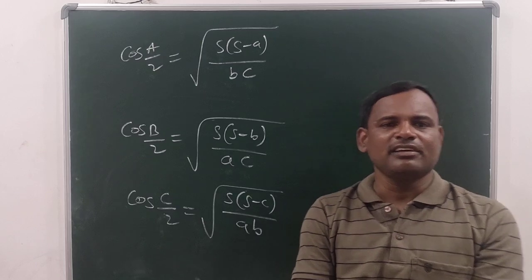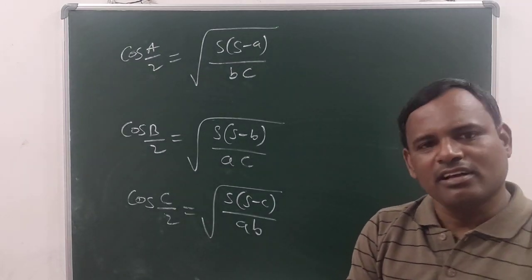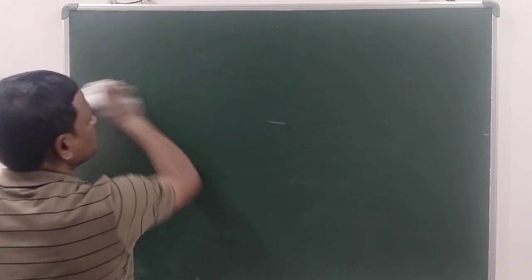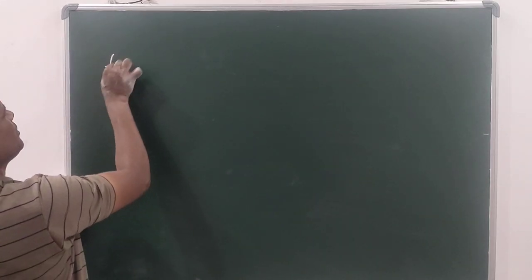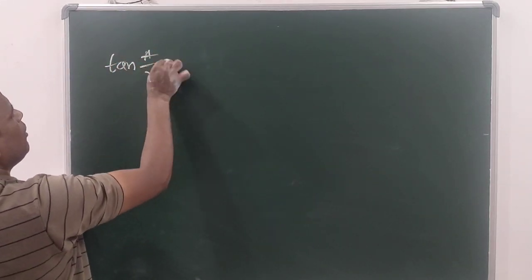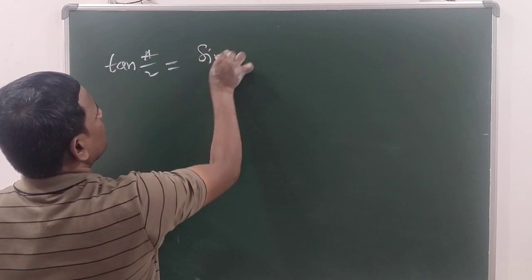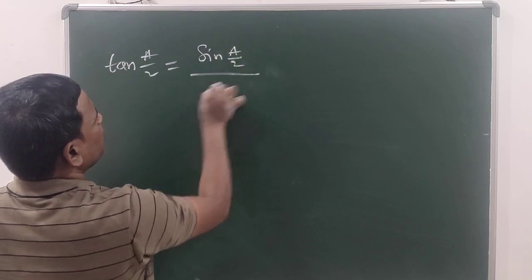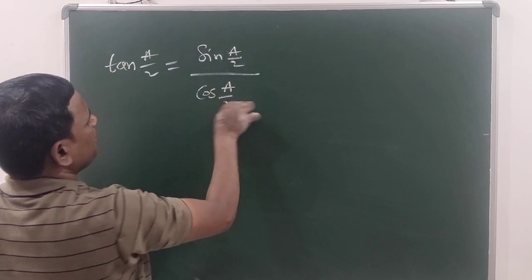From this you will get half angles of tan and cot. See, half angle of tan A by 2. How do we write? Sin A by 2 by cos A by 2.